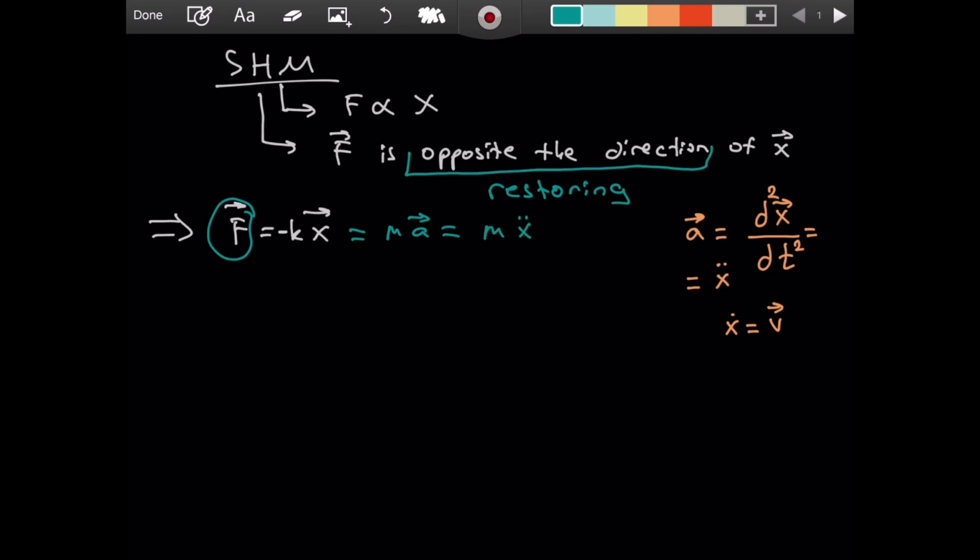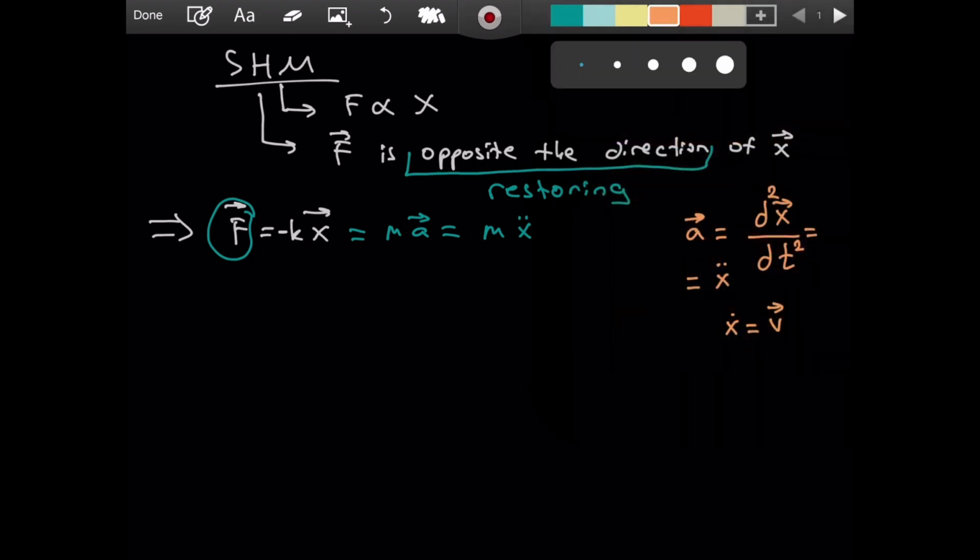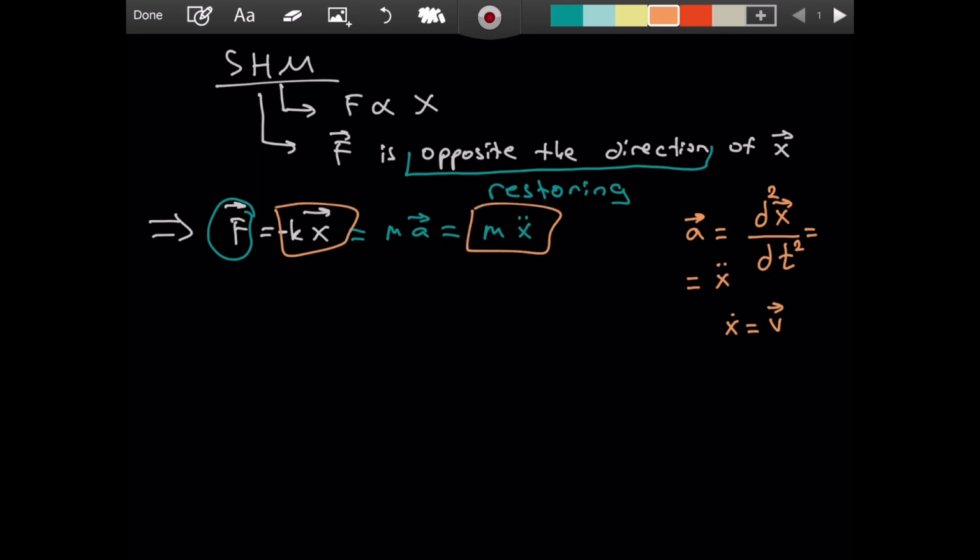Alright, so far so good, I hope. So we have this, and now I am going to add kx to both sides. So I'm now focusing on this and this. Let's add kx to both sides, and when we do that, what happens? We have m x double dot plus kx equal to 0.